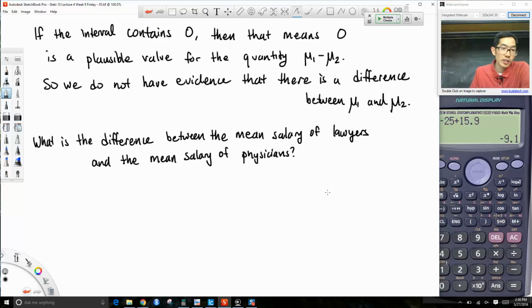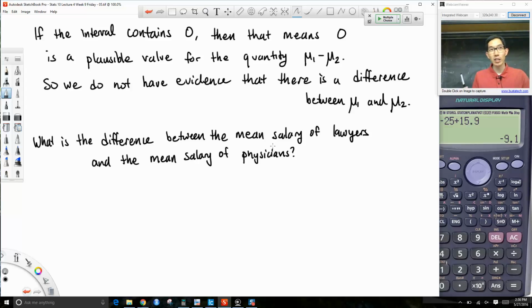First of all, you would probably need large samples, because the salaries of lawyers and doctors or physicians will not be normally distributed. They'll probably be heavily right skewed, because you do have some high profile lawyers making millions of dollars, and the same thing with doctors and surgeon specialists.